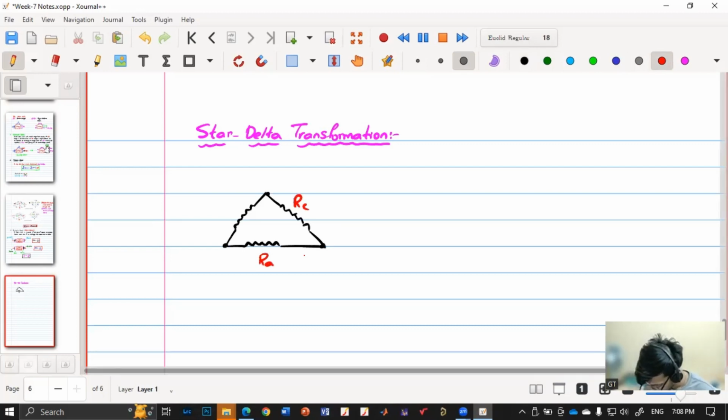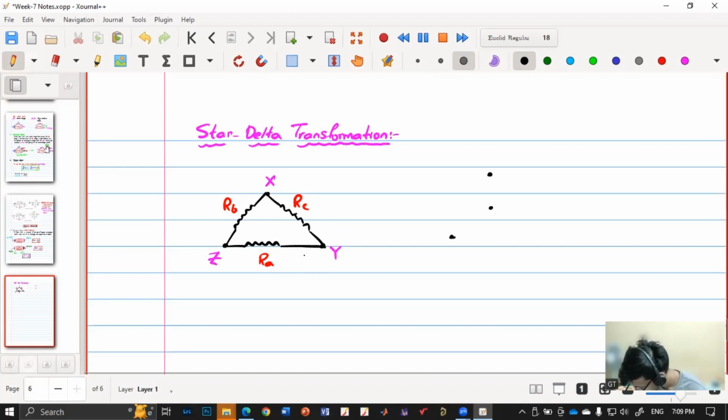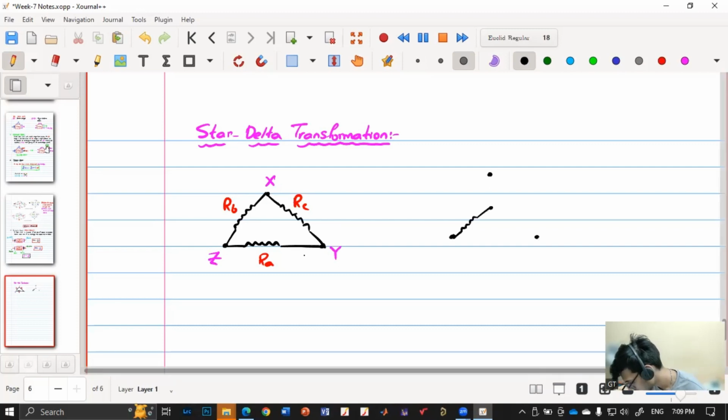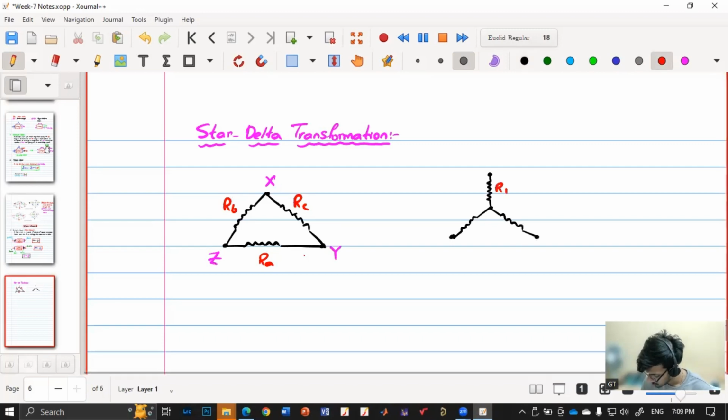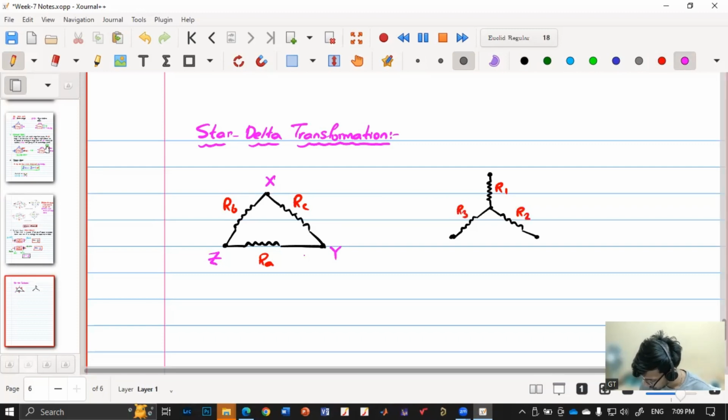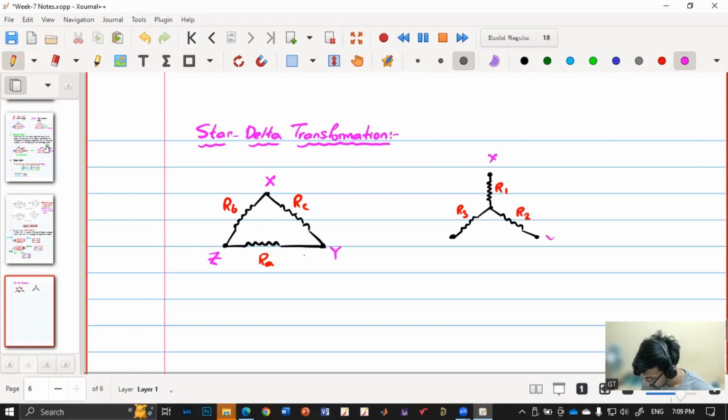So RA, RB, RC, and the terminals are X, Y, Z. In the same X, Y, Z, now we are representing it with a star. Say the resistances are R1, R2, and R3. The terminals are the same X, Y, Z.